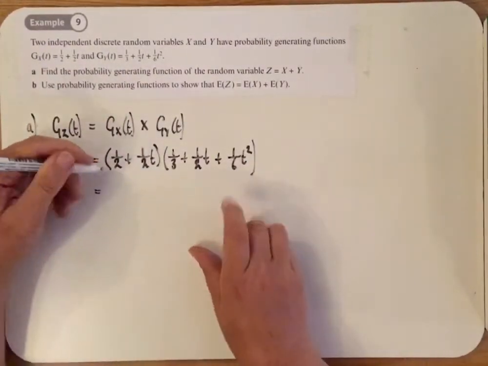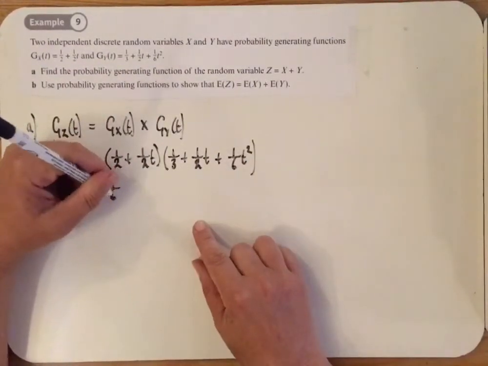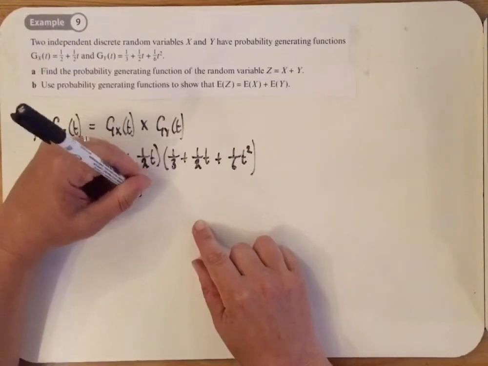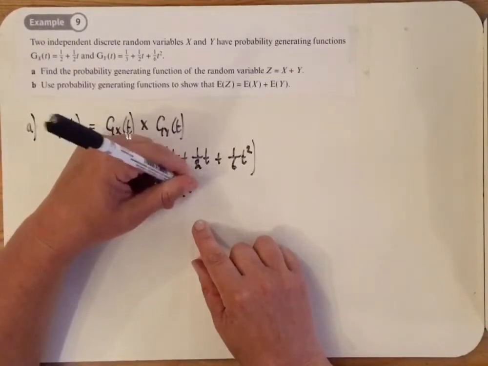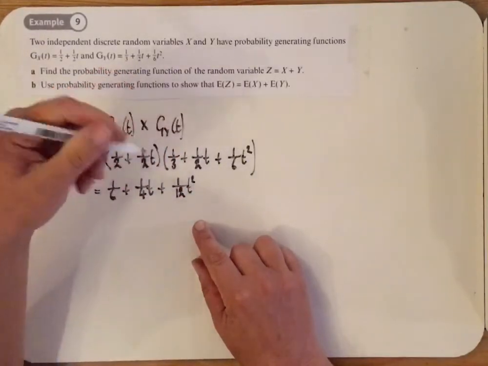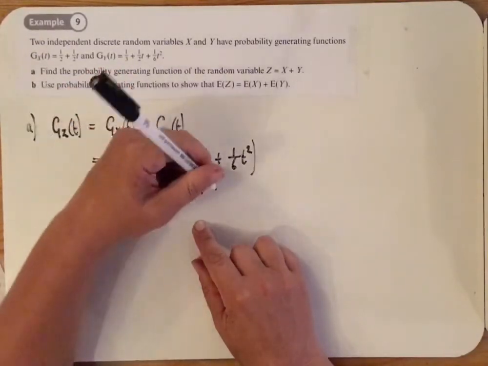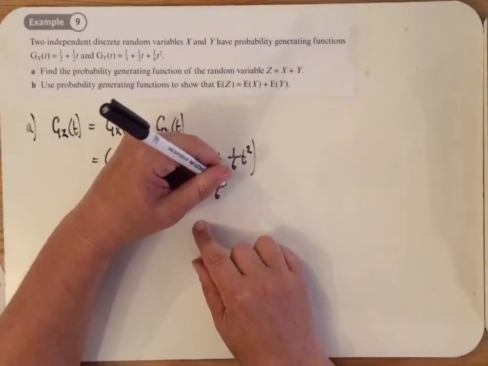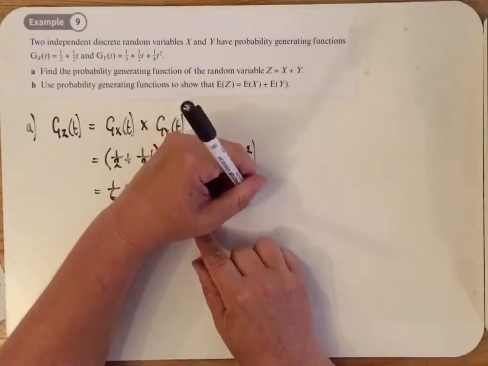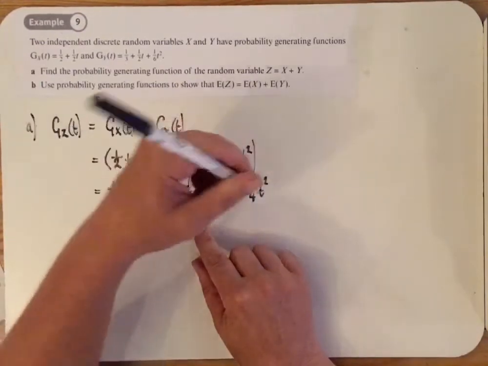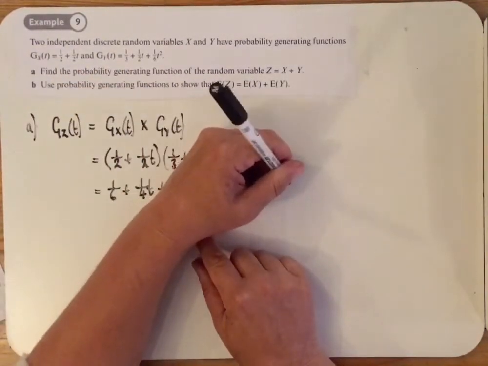So if I multiply through by half, and then multiply through by half t, so that's a 12 t cubed.